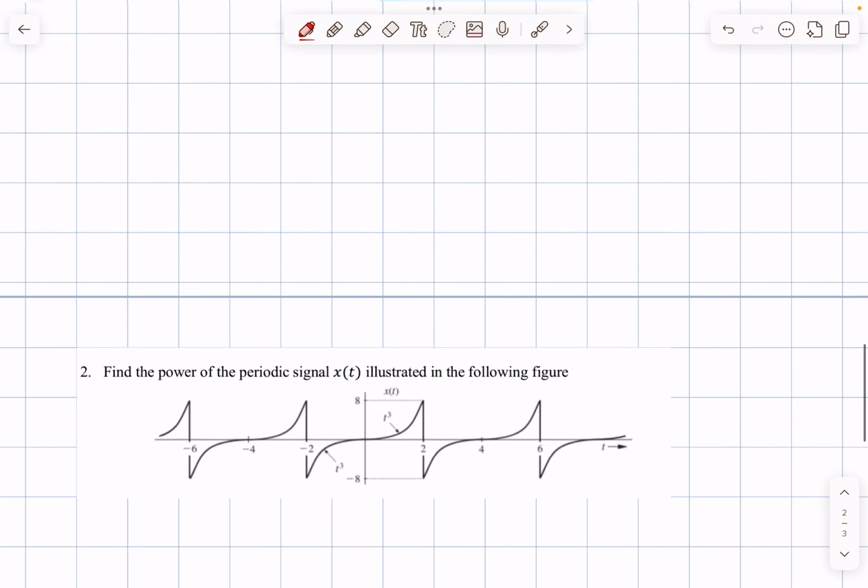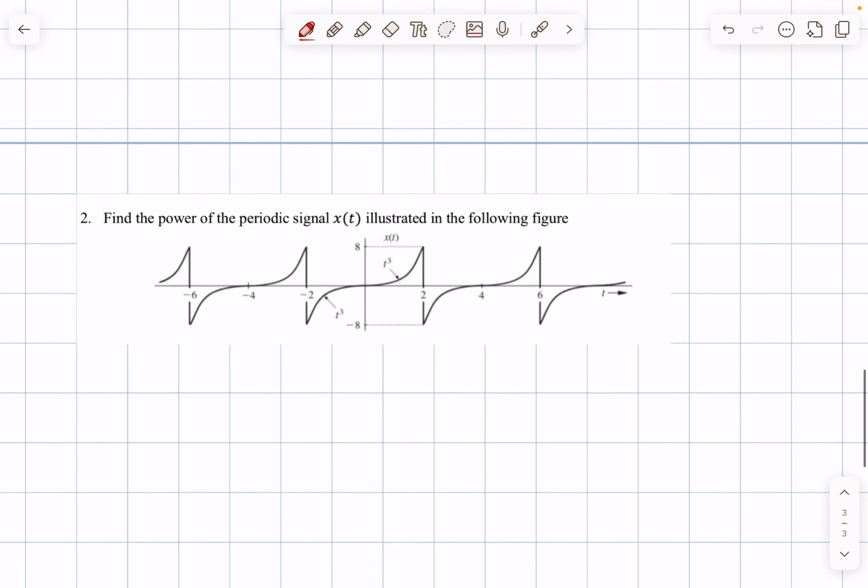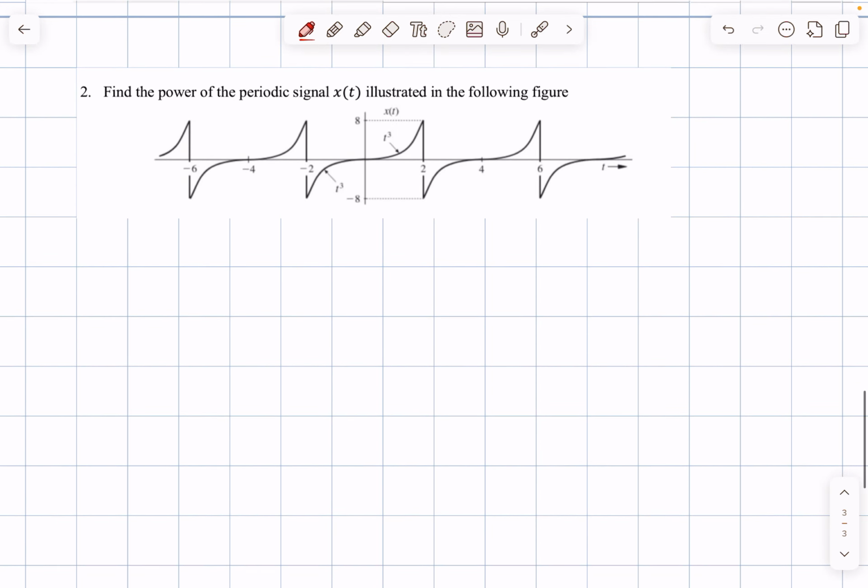Now for our last example here, we'll focus on the power signal formula. And this is a periodic signal, so we know to find the power for it. And first things first, we need to find the period of the function. So we can see here from our boundary values, we have a -2 to 2. So that means we have a period of 4 seconds.